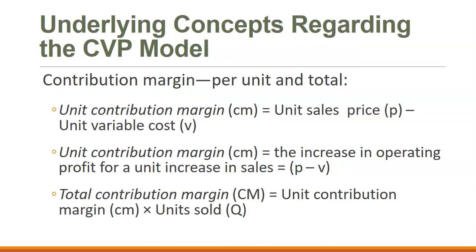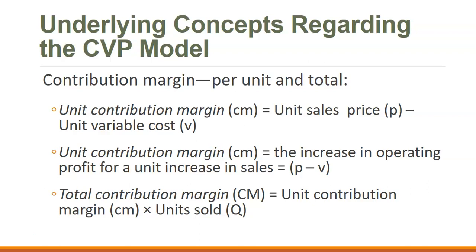We also have the contribution margin for total and per unit. The unit contribution margin is the sales price minus the variable cost. The contribution margin ratio is our contribution margin divided by sales price.